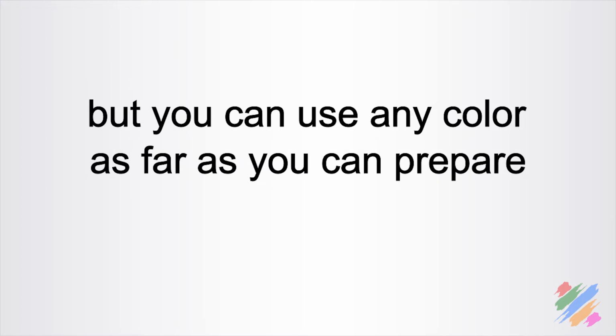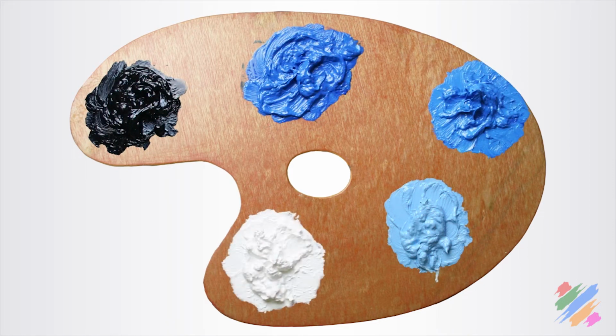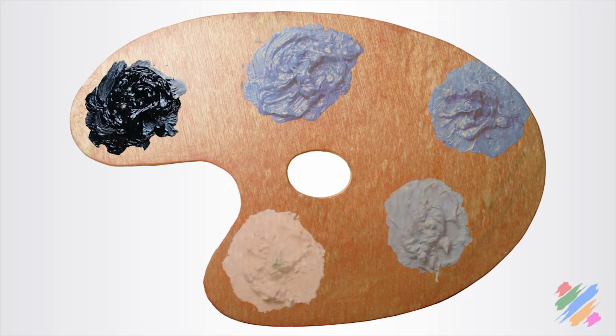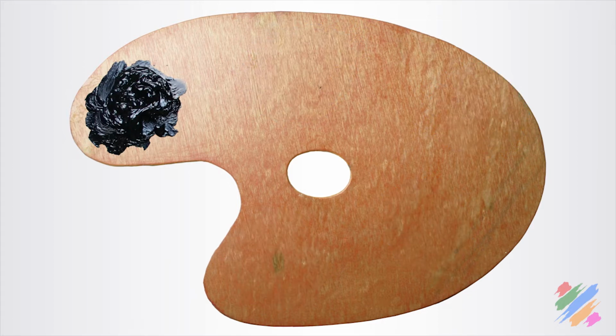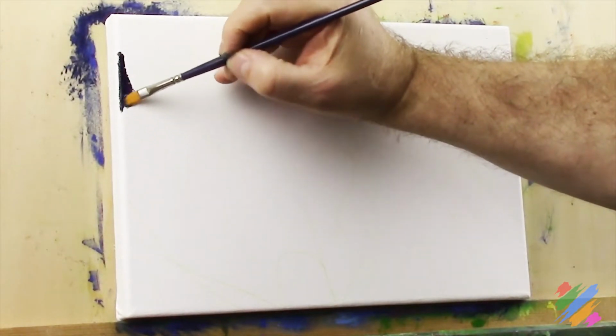But you can use any color as far as you can prepare the palette with at least 2 or 3 different grades of that color and some white. First, we're going to start using the dark color, which in our case is a Prussian blue. According to what we have decided, the dark areas should be on the right or below the white peaks of the silk waves. So, first, we're going to start painting these areas.